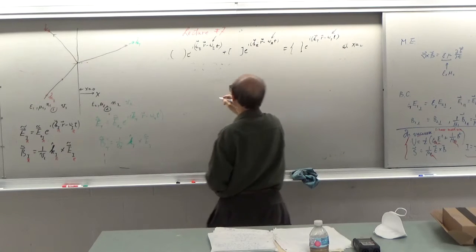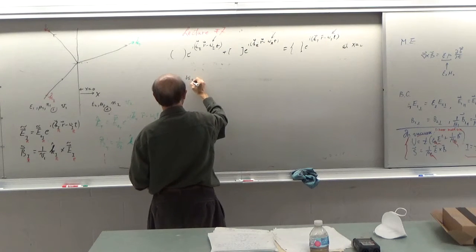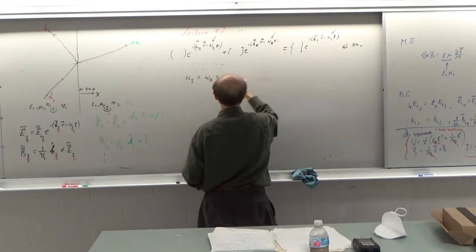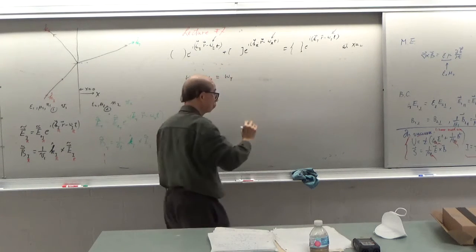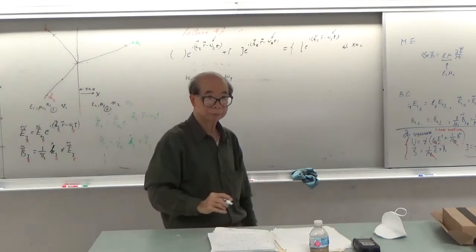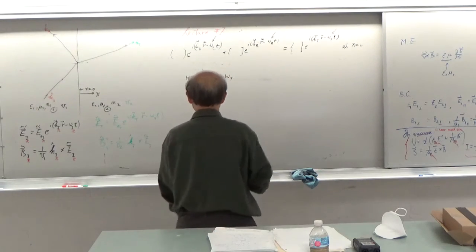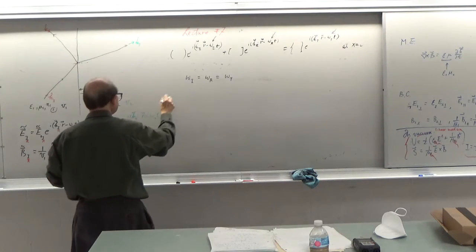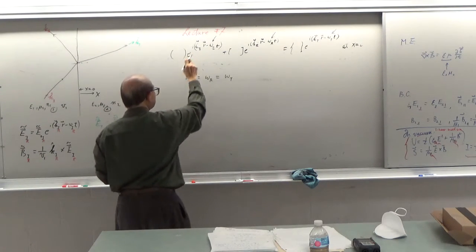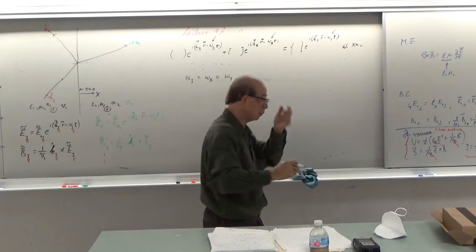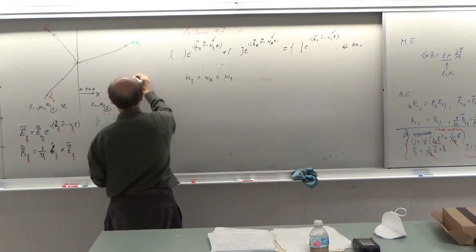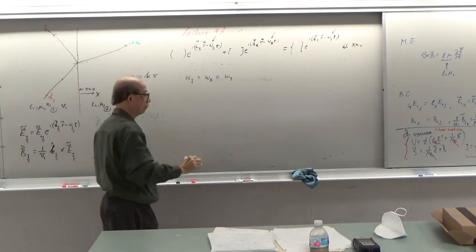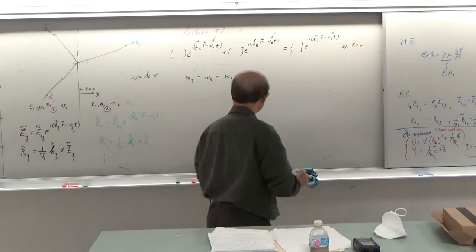So let me write that. Omega_i has to be equal to omega_r, has to be omega_t. But you remember that the frequency and the wave number are related. Remember, omega is equal to k times the speed of propagation, v.